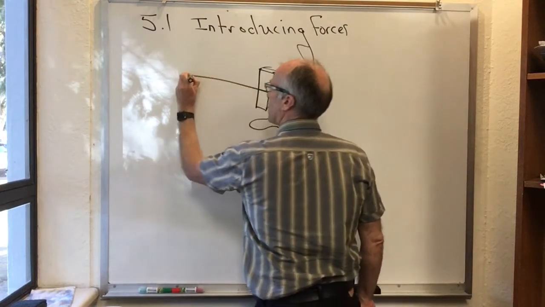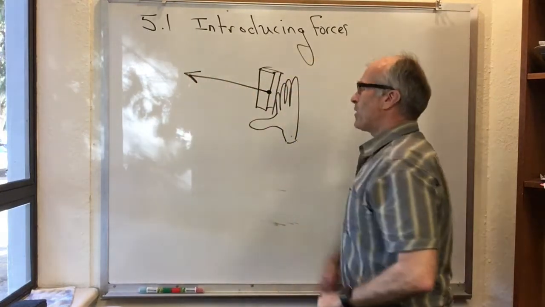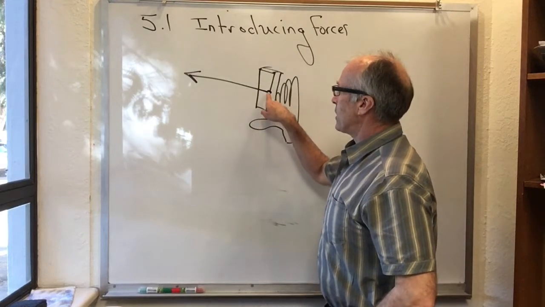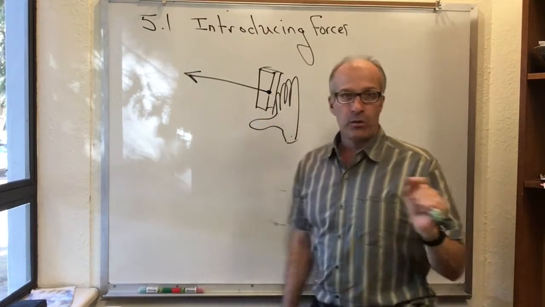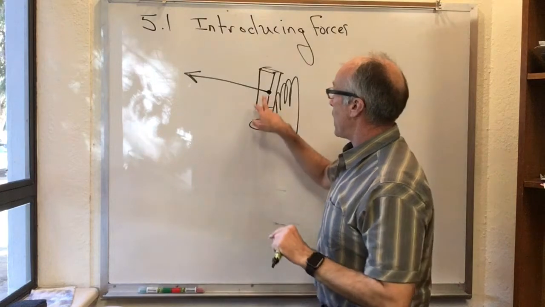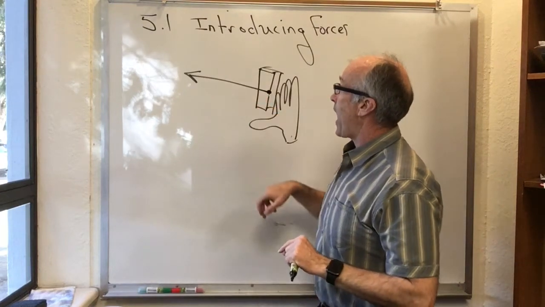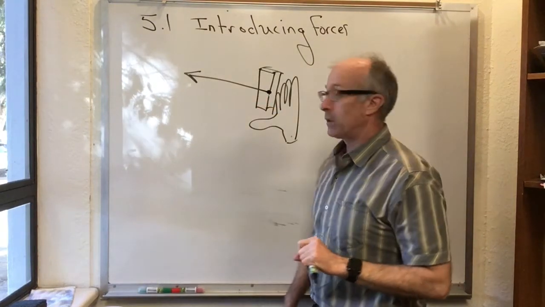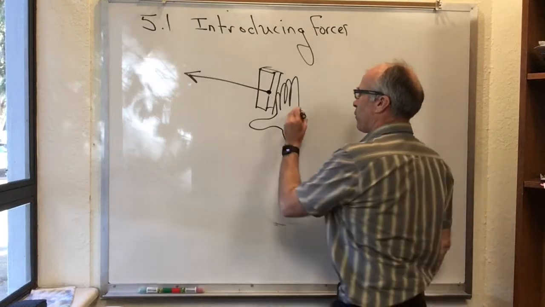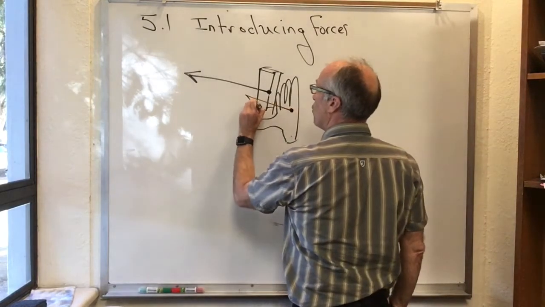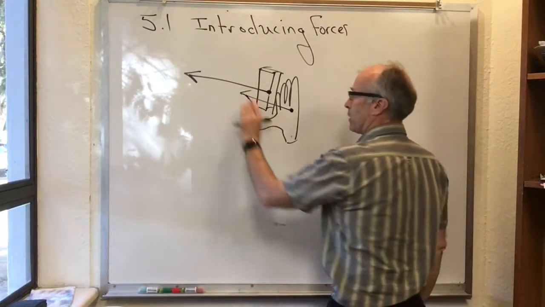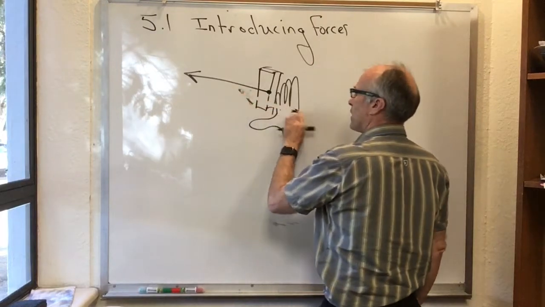And in this case, I was pushing that way. And what we do is we attach the tail of the force to the thing that it is acting on. We don't attach the force to the thing that is doing the pushing. So that would not be correct.